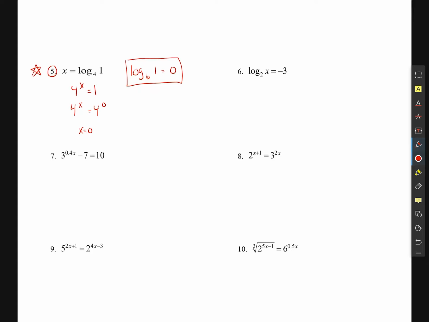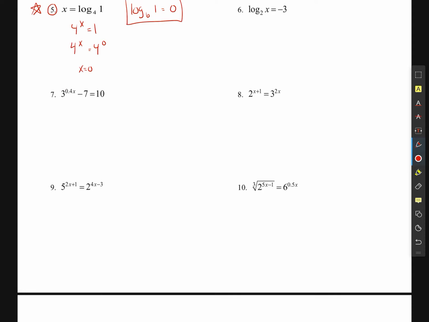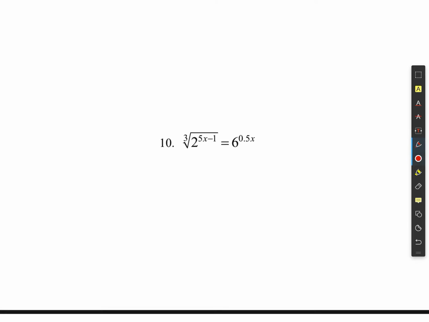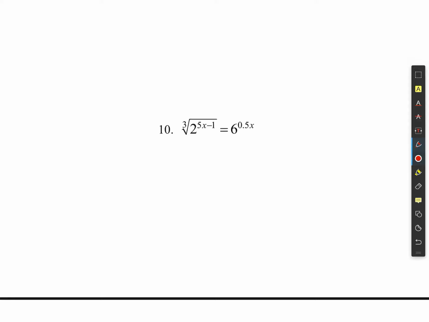Alright, let's see what other ones we got here. Alright, so if we look at problem 10, the first thing I would consider here is that this is actually 2 to the 5x minus 1 raised to the 1/3 power, which I can rewrite as 2 to the 5/3 x minus 1/3 equals 6 to the half x.